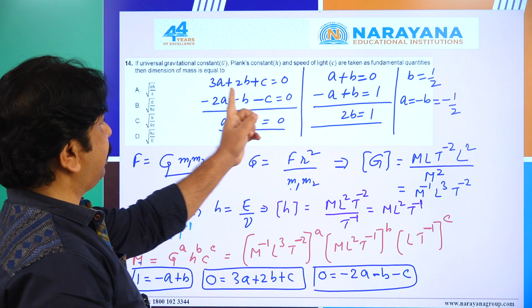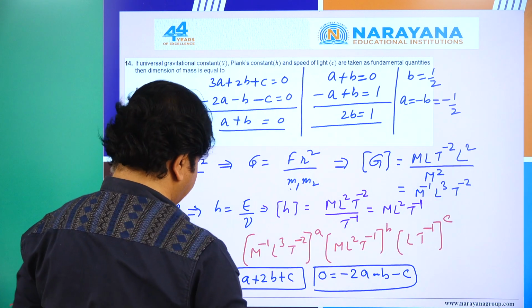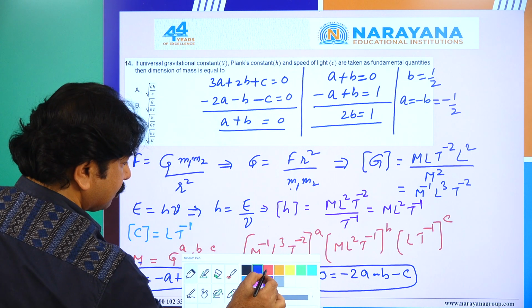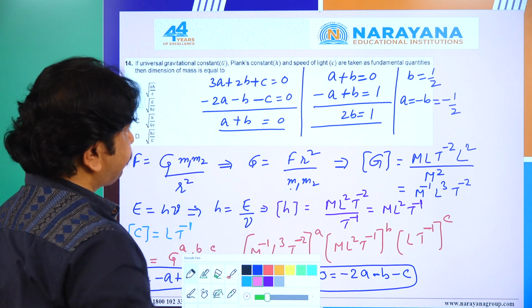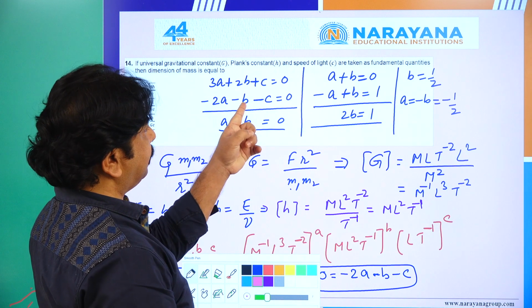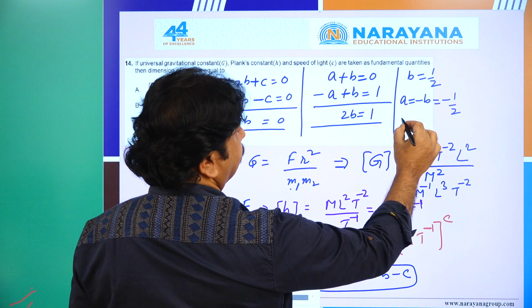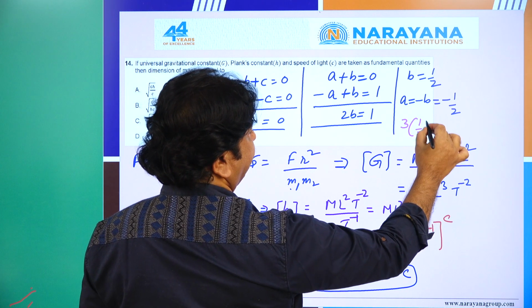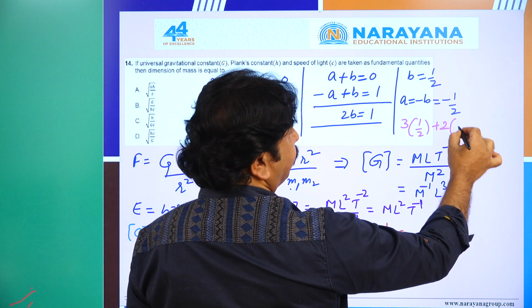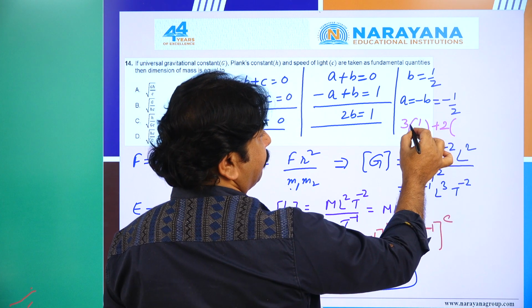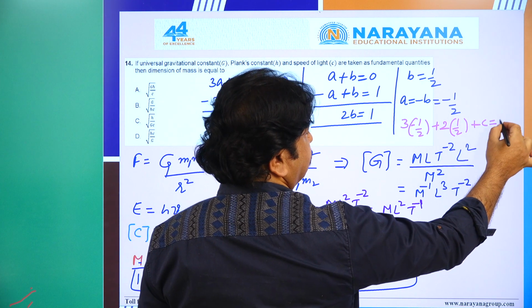And c we get by substituting in the second equation: 3 into minus 1 by 2 plus 2 into 1 by 2 plus c is equal to 0.